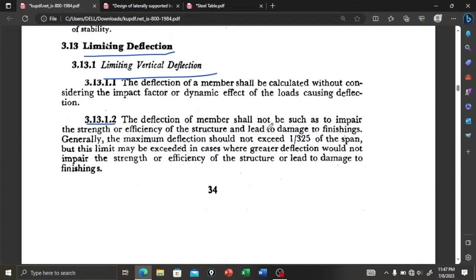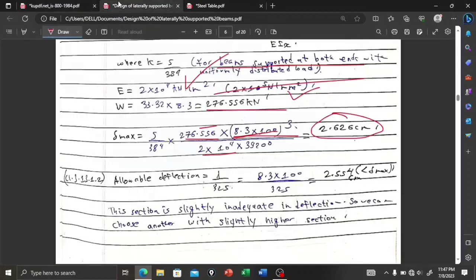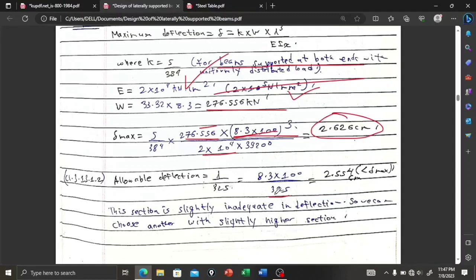Generally, the maximum deflection should not exceed 1 by 325 of the span. One by 325 of span is 8.3 in meter. In centimeter, it is 8.3 into 100 divided by 325, that is 2.554 centimeter.